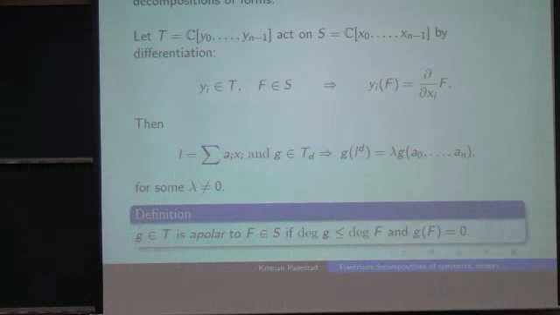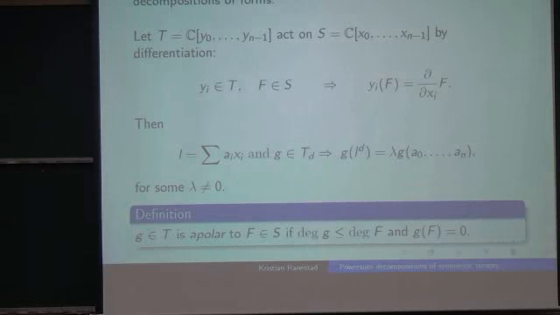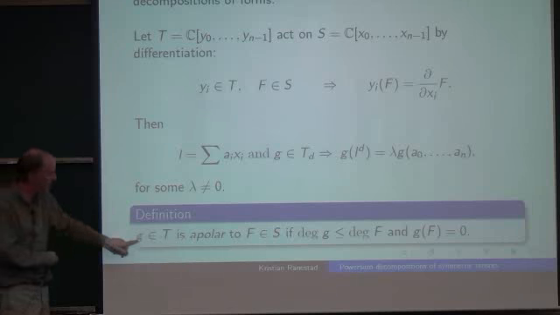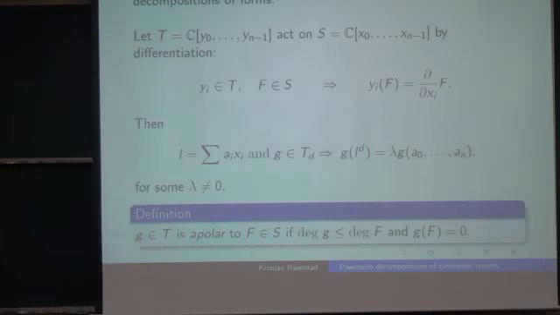This is certainly possible. If you have a polynomial f in x_0 up to x_{n-2}, and then you apply y_{n-1}, you get 0, right? For instance, this is certainly possible. You can have forms g that kill f even though g is of smaller degree.